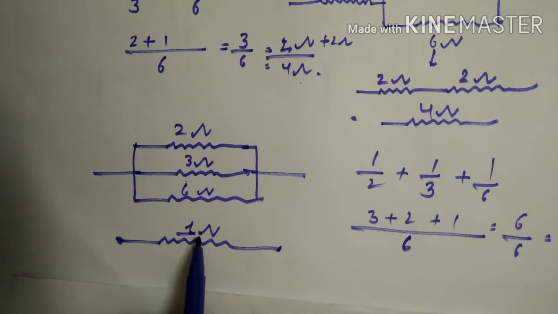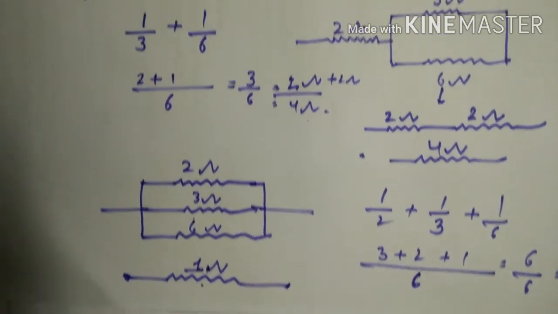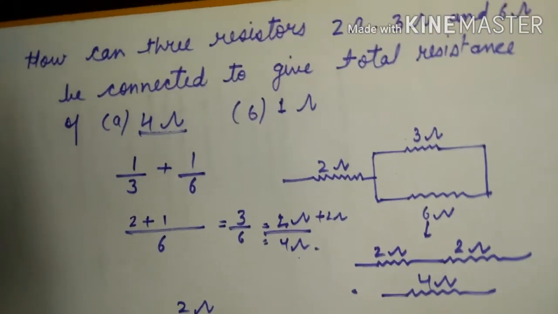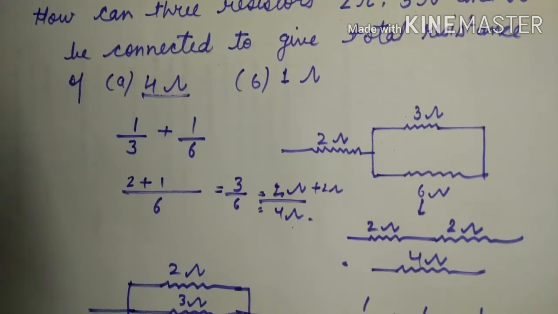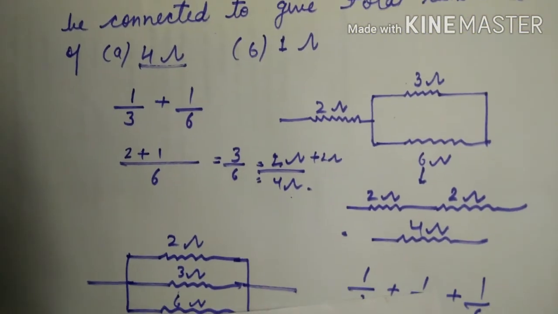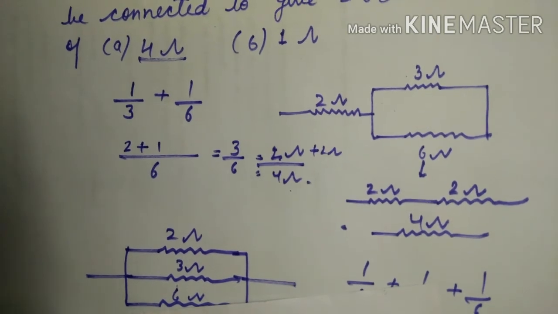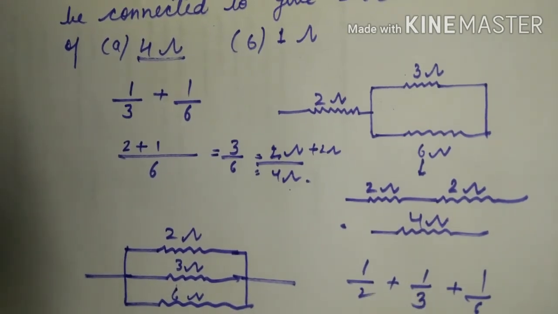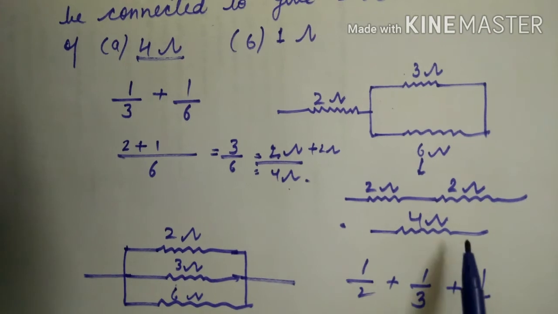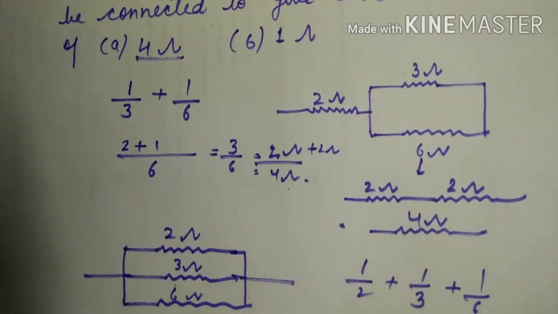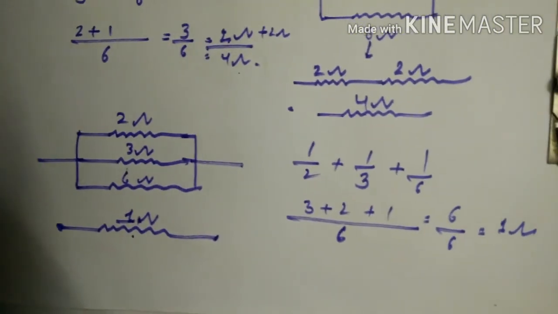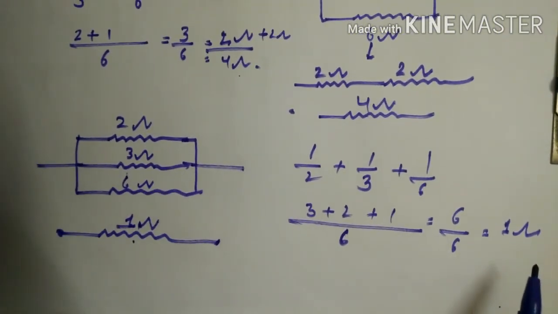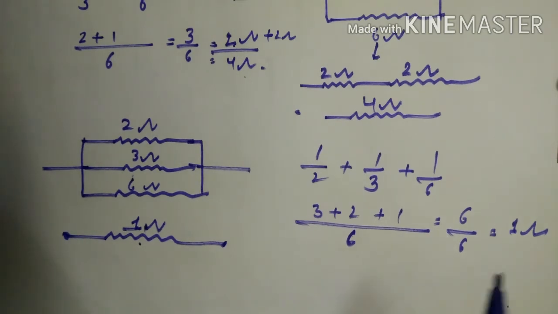Okay, is it clear to you? So this is for the first, 4 ohm, and this is for the second, to get the 1 ohm resistance.